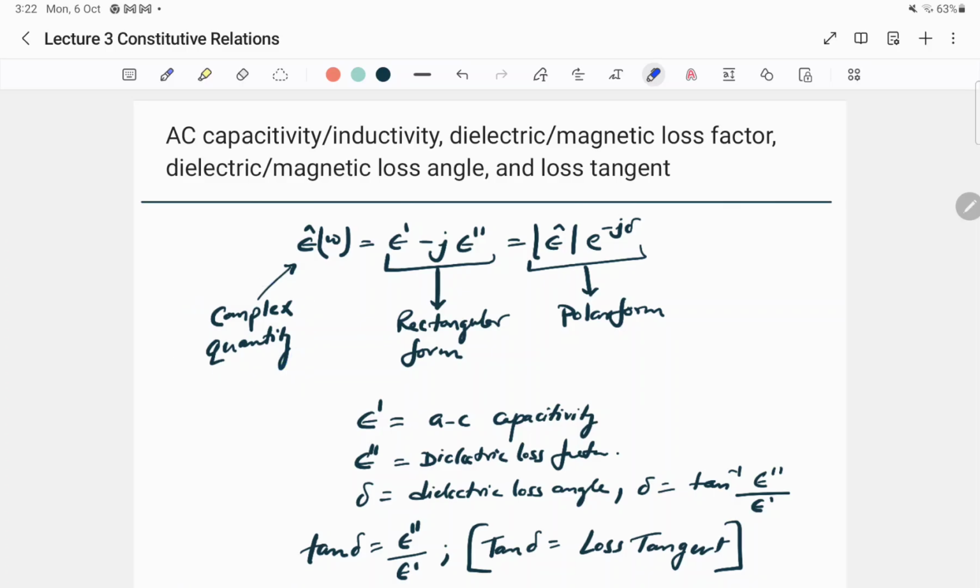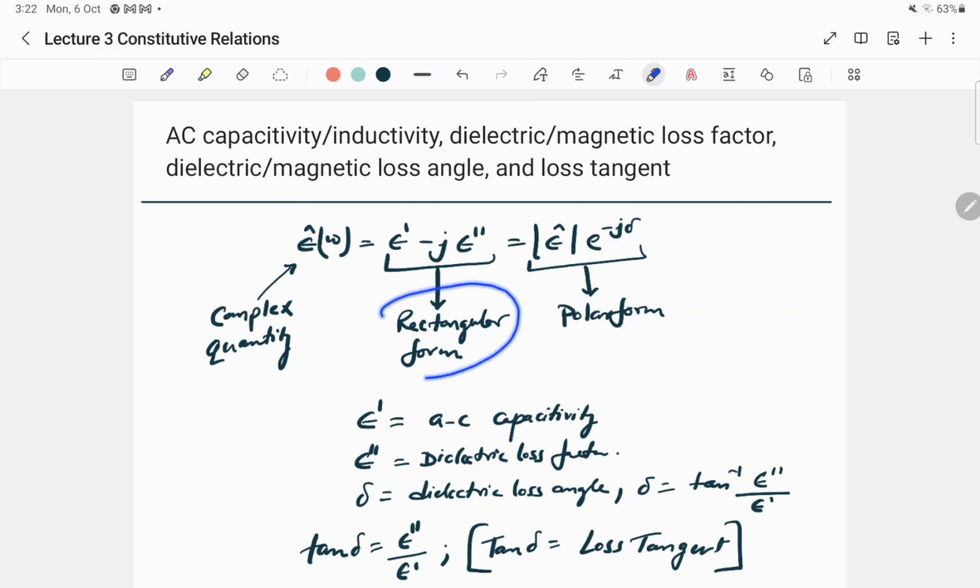So a complex quantity can be represented in rectangular form, that is A plus or minus jB. Similarly, it has been written over here, that is epsilon prime minus j epsilon double prime.